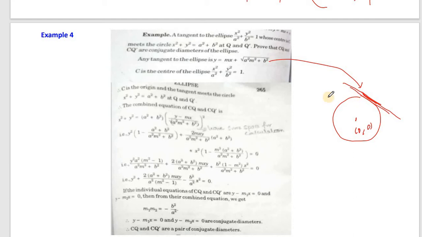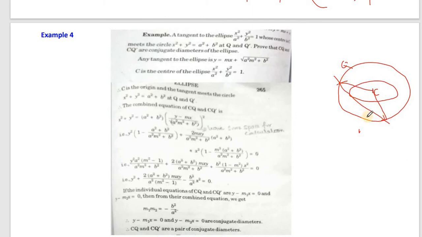So what we do is, we want to get a tangent. This is not the figure. So you need to have an ellipse, and a tangent to the ellipse. The center of this is taken as C. So a tangent to this meets the director circle at Q and Q dash.